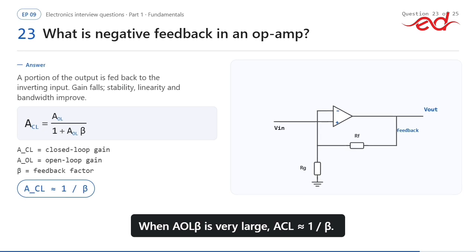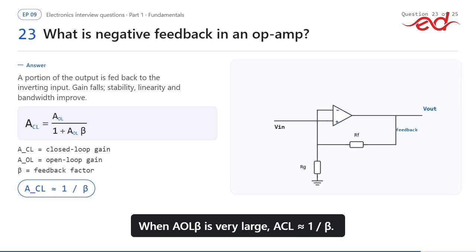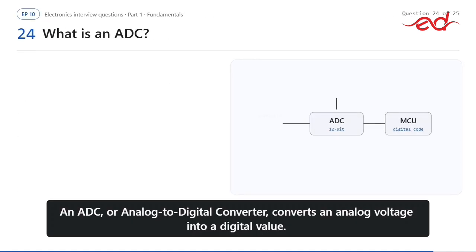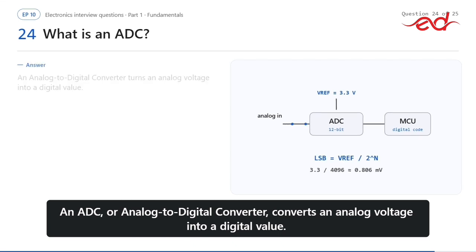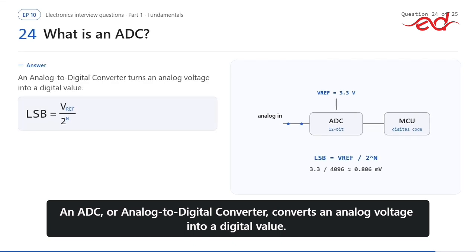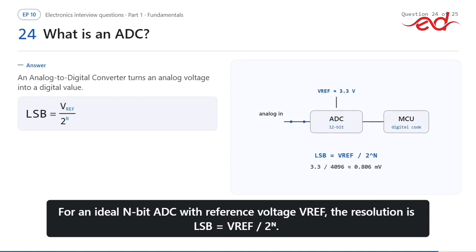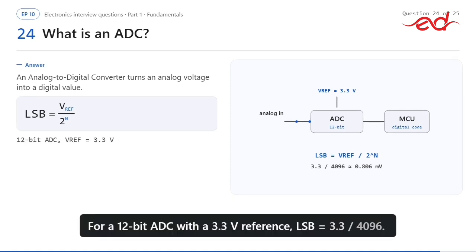Now coming to the next question, what is an ADC and why do we use an ADC in the designing of the circuit? An ADC, or analog to digital converter, converts analog voltage into a digital value. For an ideal n-bit ADC with reference voltage of Vref, the approximate voltage resolution, LSB, is equal to Vref divided by 2 to the power n.